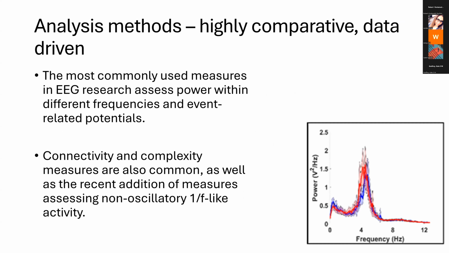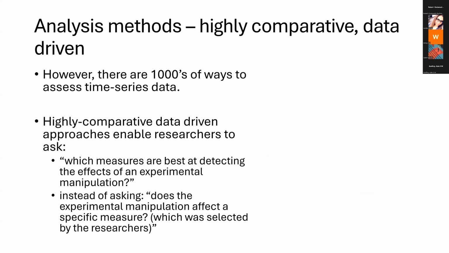Looks like I don't have a lot of time left, I don't think. So I'll just skim quickly through after we pre-process. We have tried to move away a bit from traditional measures like oscillatory power and event-related potentials. We've also tried to extend beyond connectivity and complexity measures and the 1/f activity that's becoming more commonly analyzed, to use an approach that's highly comparative.